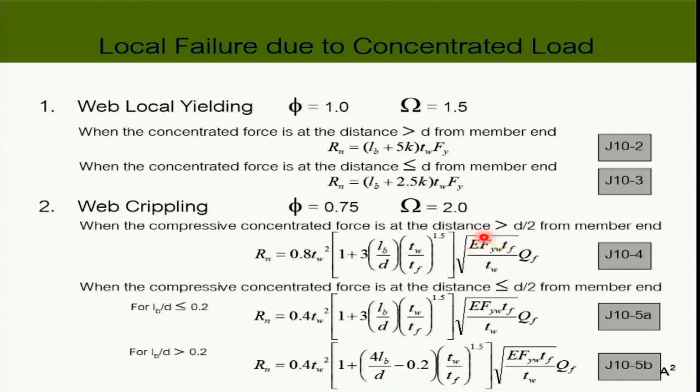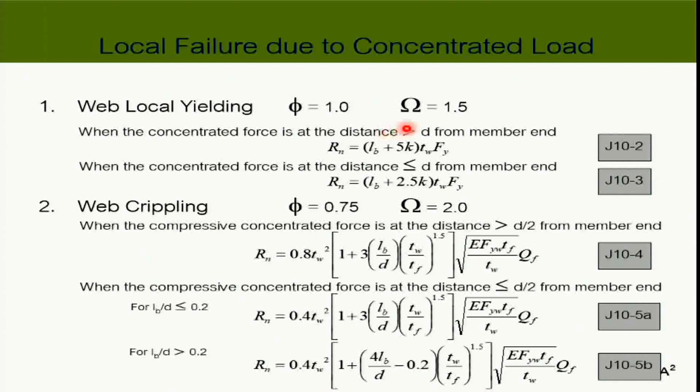So we have the formula for point load in midspan, where you have bigger area to contain the load, and you have the formulas for point load near the end of the beam, where you have less area, and therefore the formula is smaller. And this is pretty clear as well.